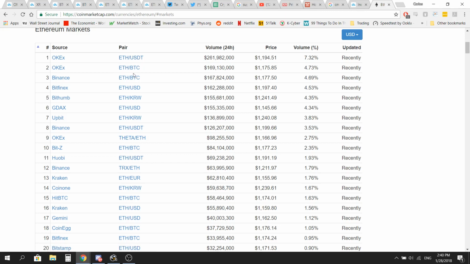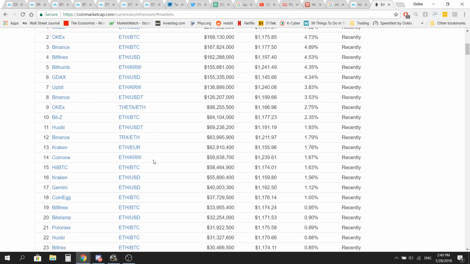Then I'll add OKX, Binance, BTC 1, 2, BitZ, BTC, and CoinEgg. And those are the top 5 BTC ETH pairs, and that came out to about 515 million.